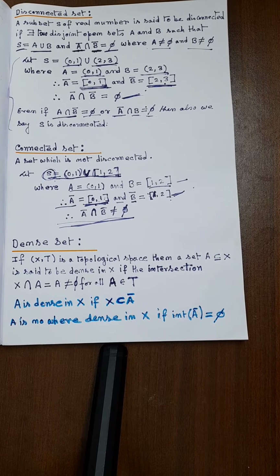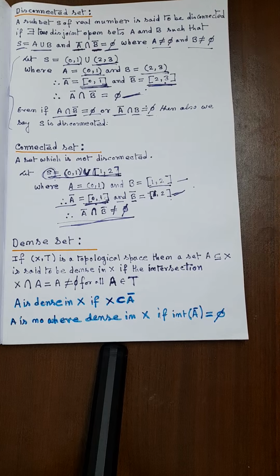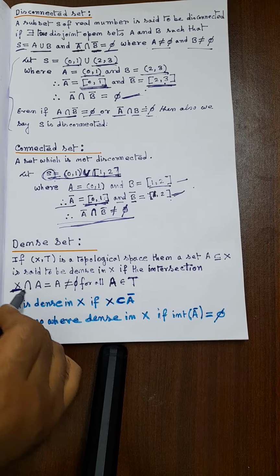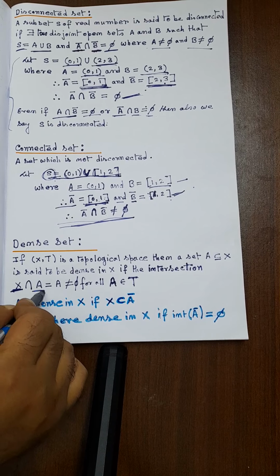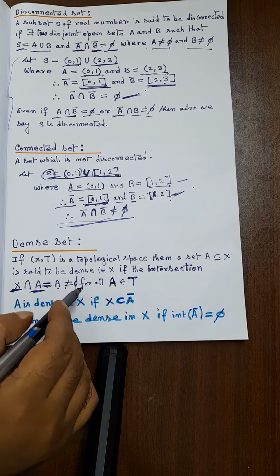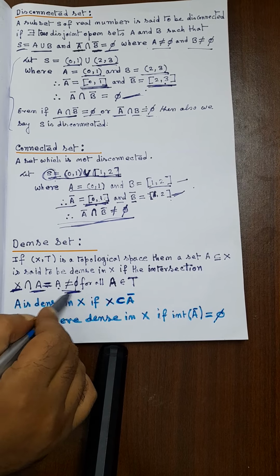Now what is a dense set? If X is a topological space, then a subset A of X is said to be dense in X if the intersection of A with every nonempty open set is not equal to phi.